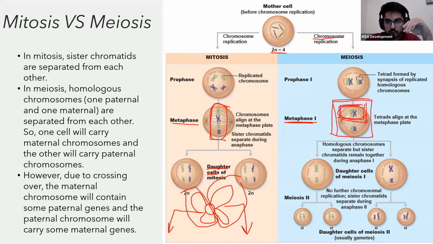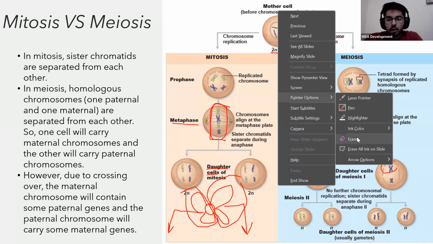Either the paternal one or the maternal one. If we assume the green one is the paternal one and the blue one is the maternal one, we can see that after division, one cell will get the paternal and the other one will get the maternal, for sake of simplification only.